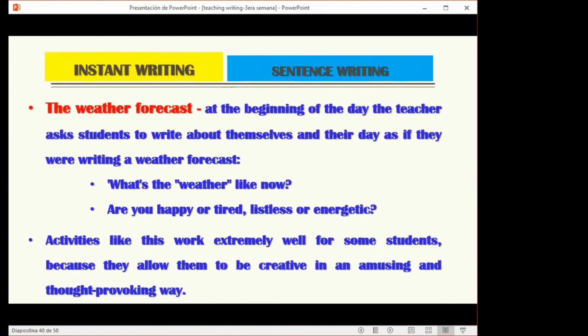The weather is the student, right? So what are you like now? Are you happy? Are you tired? Are you listless? Are you energetic? So they are going to write about themselves as if they were writing a weather forecast. They could be as imaginative as they like. This is the weather forecast.